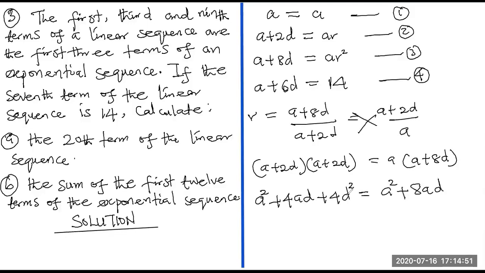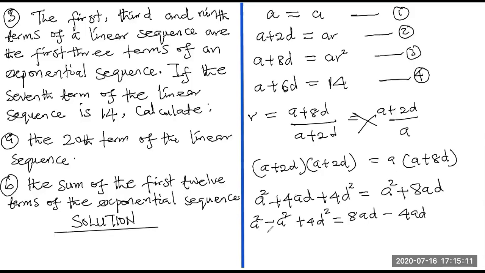So when we collect like terms, A squared comes over and becomes minus A squared, plus 4D squared is still on the left, equal to 8AD on the right minus 4AD. This one goes to the right to become minus.